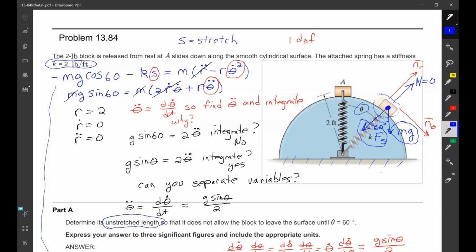So the blue body pushes the yellow body in the direction that's perpendicular to the blue, right? In this case, I'm saying it's equal to 0, and the reason it's 0 is because when it gets over there at 60 degrees, it's lifting up. That's what they say. And if it's lifting up, it's breaking that contact. So the normal force, I know, is going to be 0 in this case. So the free body diagram consists of these 3 blue forces.